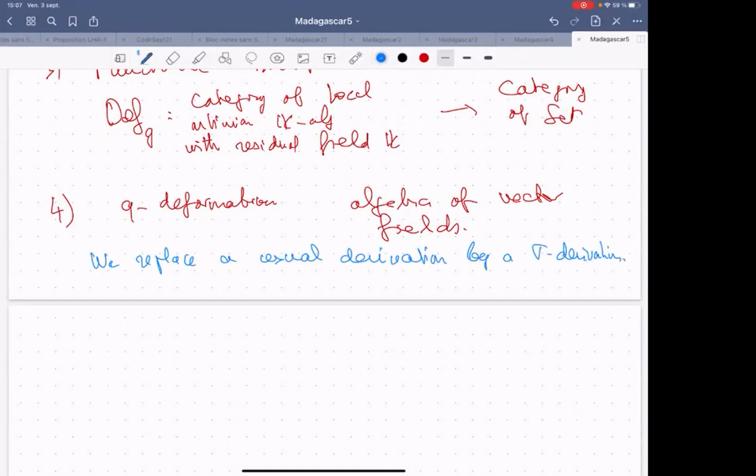If you have a commutative associative algebra and an algebra map sigma, then a sigma derivation D_sigma on A·B, where the dot is the multiplication on your algebra, is D_sigma of A times B plus sigma of A times D_sigma of B.